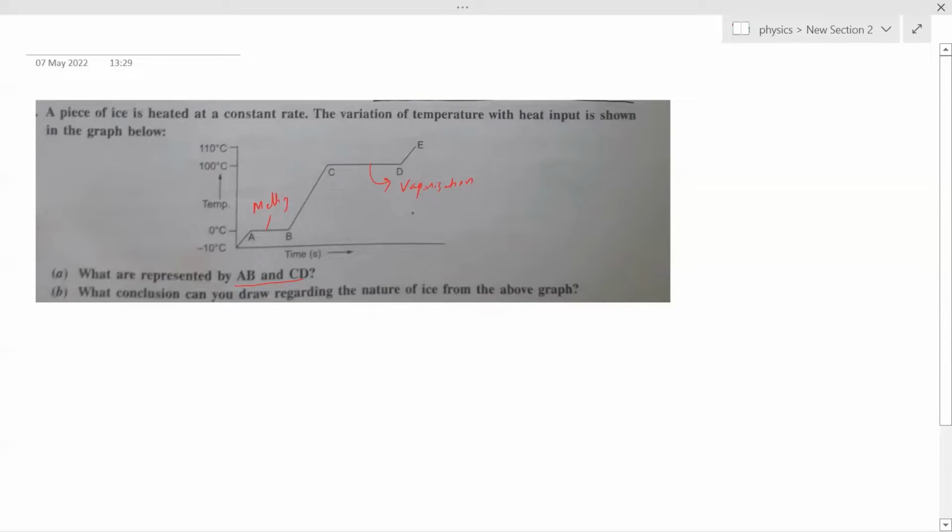What conclusion can you draw regarding the nature of ice from the above graph?